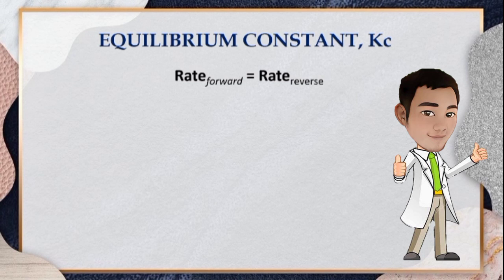Writing the rate law expression for each opposing reaction, assuming the order equals the stoichiometric coefficient in the balanced equation and applying the principles of kinetics, we have K forward [A] raised to a multiplied by [B] raised to b is equal to K reverse [C] raised to c multiplied by [D] raised to d.